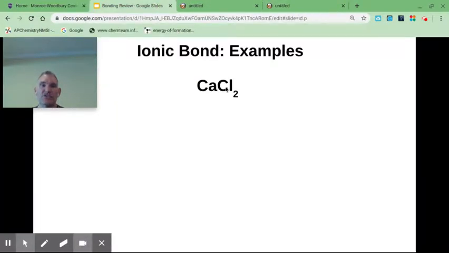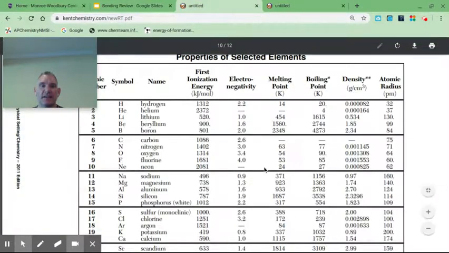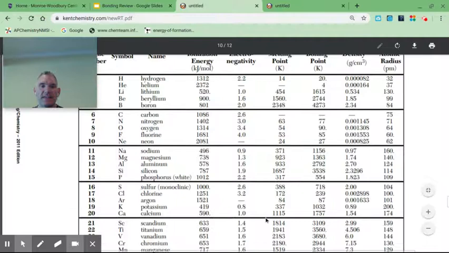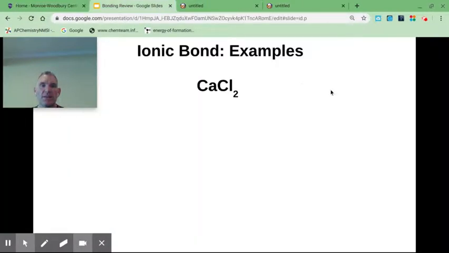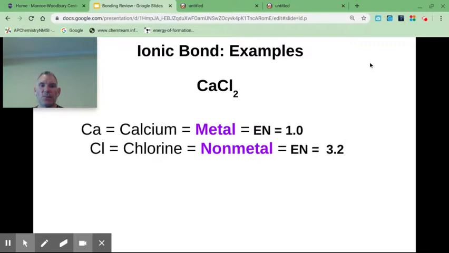If I were to look up calcium and chlorine on table S, calcium is 1.0 and chlorine is 3.2. So 3.2 and 1.0 are my electronegativities. And if I were to subtract, I get a value of 2.2. Notice again, 2.2 is in between the 1.7 and 3.3 that makes it ionic.